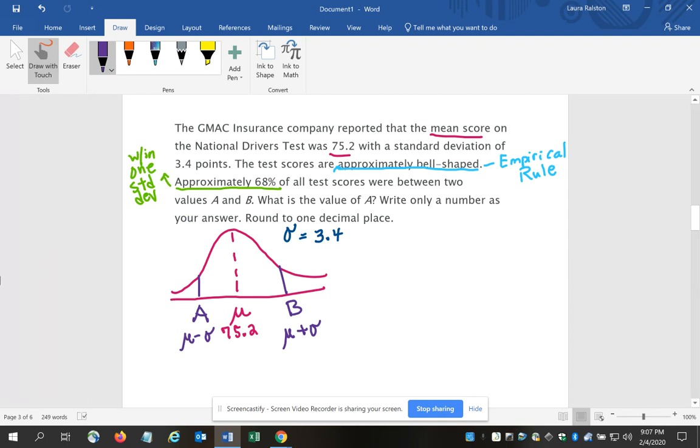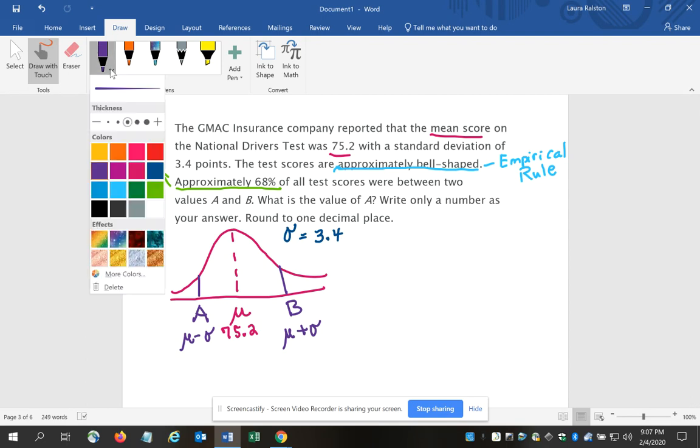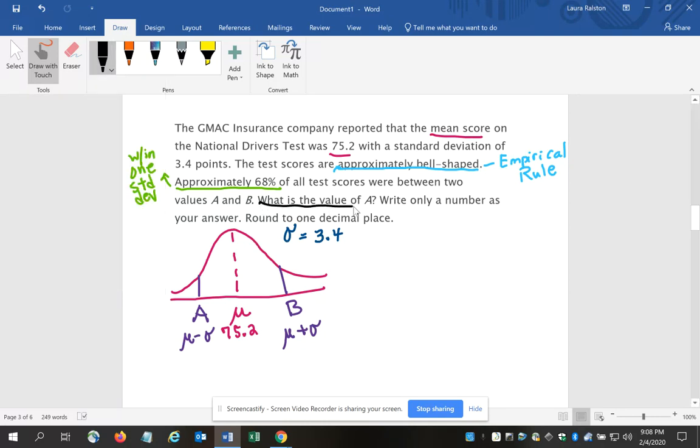Honestly, at that point it becomes reasonably straightforward, and you're going to do what I call plug and chug, because you're going to use the formula. You want to know the value of A, and A was my lower value, so I want to calculate the mean minus one standard deviation. My mean was given as 75.2, my standard deviation as 3.4.